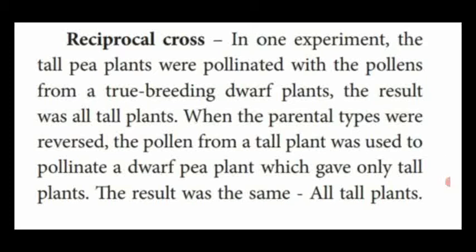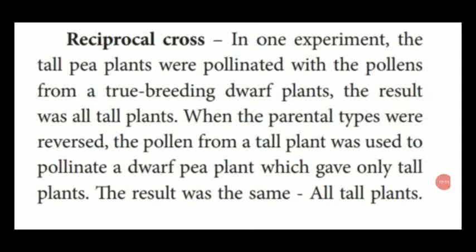The F1 generation result is all are tall plant. Now we are going to reverse the parental character. The pollen from the tall plant was used to pollinate a dwarf pea plant, which gave only tall plants.